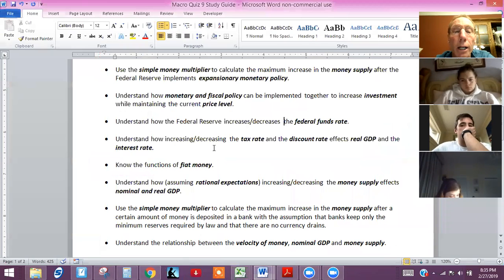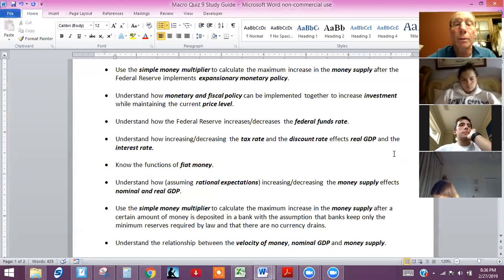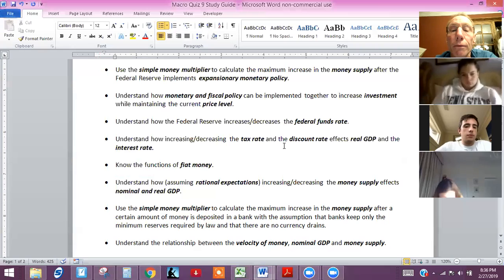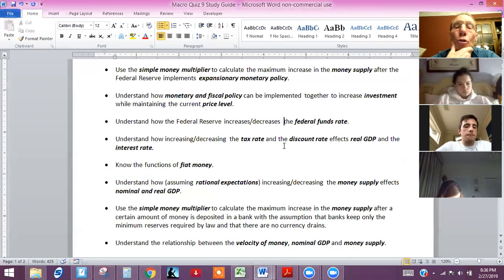So this right here is just once again understanding how these variables relate, right? If the tax rate goes up or down and the discount rate goes up or down. If the tax rate goes up, then it's going to be less, it's going to be more expensive to invest, right?